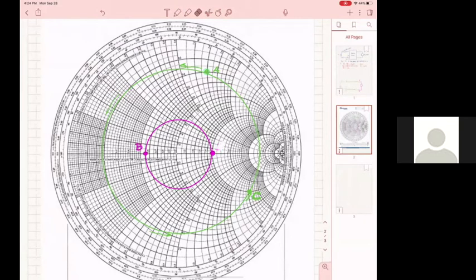And then instead of point A, which is my impedance, I will draw the diameter, and then I will move to this point.